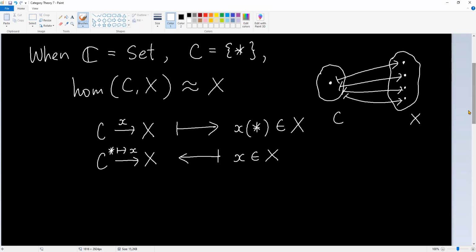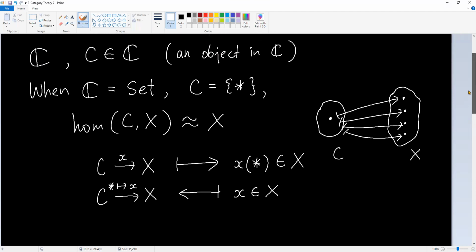Now, this suggests to us that if I'm back now in an abstract category, then maybe we can think of an object X in an abstract category as a set, because when we are in the category of sets, this X is really almost the same thing as the set of morphisms from C to X. When C is an abstract category, X is no longer a set itself.